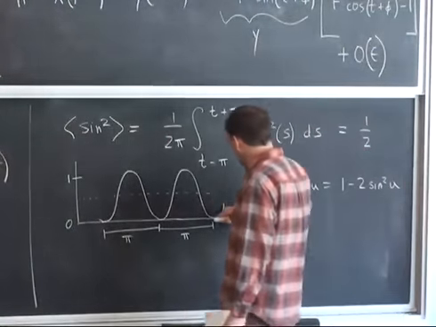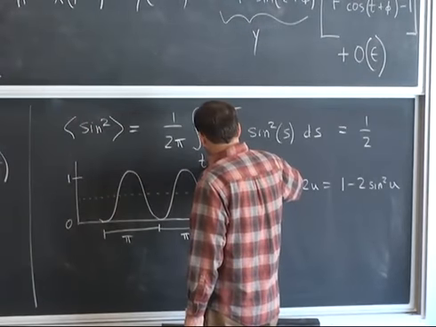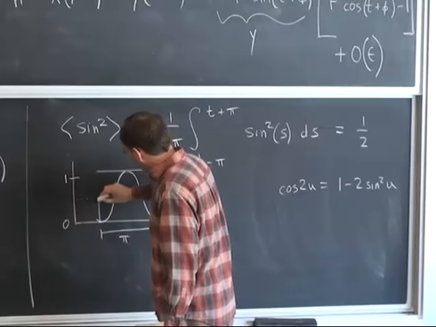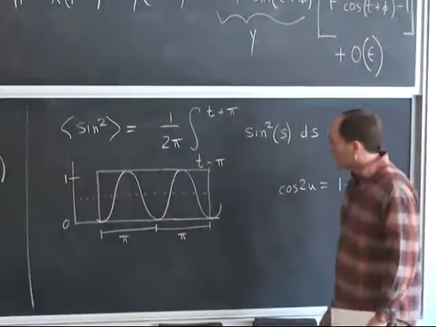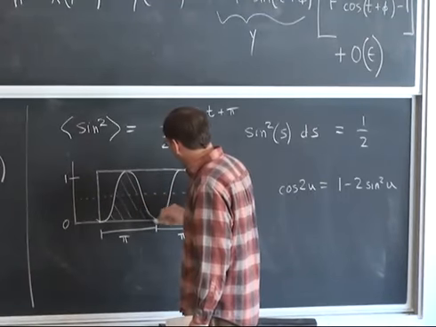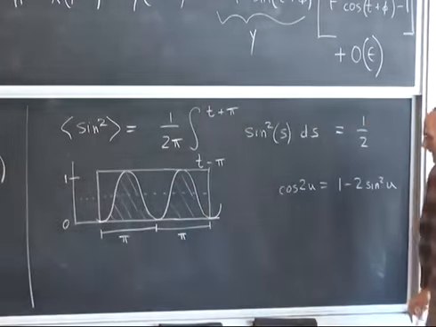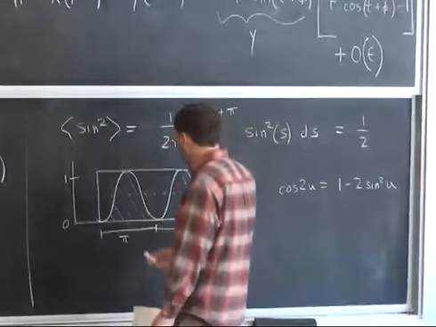The average means if I drew this rectangle, I could ask how much area, because we're computing an area. So how much area is under sine squared? How much area relative to the whole rectangle? Can you see that that's exactly half the rectangle? Isn't that clear by the symmetry of the picture?